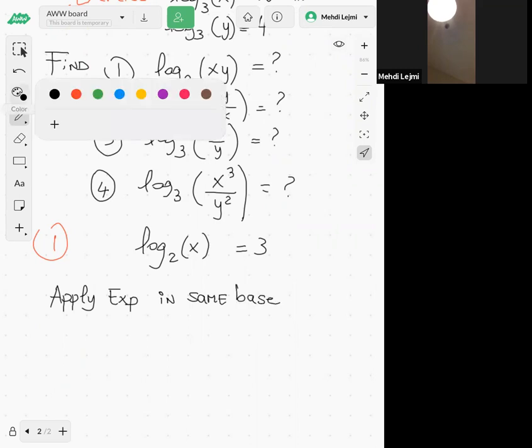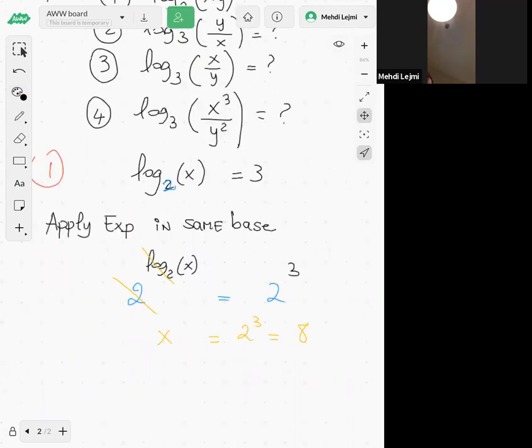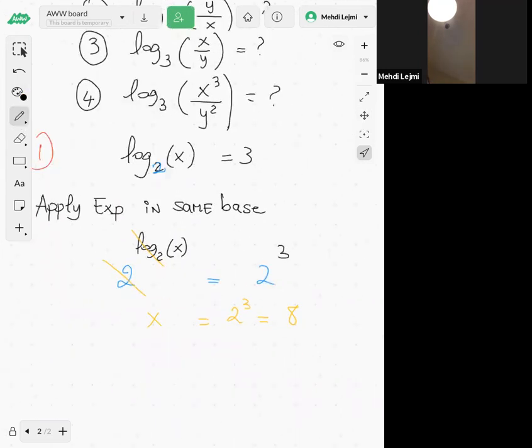So I put 2 here and 2 here. On the left, it's 2 to the power log in base 2 of x, and on the right, it's 2 cubed. This exponential on base 2 and this log in base 2 cancel out. So now it's just x on the left, equal to 2 cubed, which is 8. So the answer would be 8, as Lorden said. Final answer: x is equal to 8.